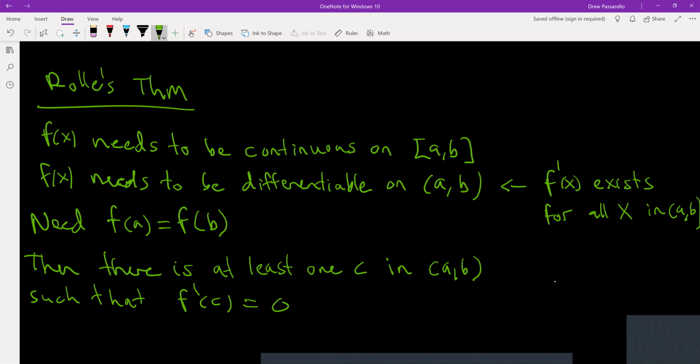All right, that's Rolle's theorem. So we have three things we need to check, and if they work out, then we apply it, where we find this value C, where its derivative is equal to 0.